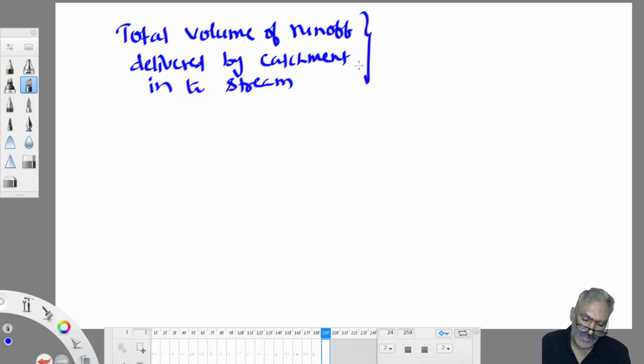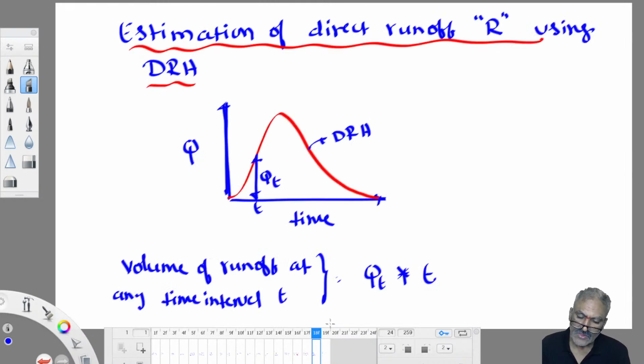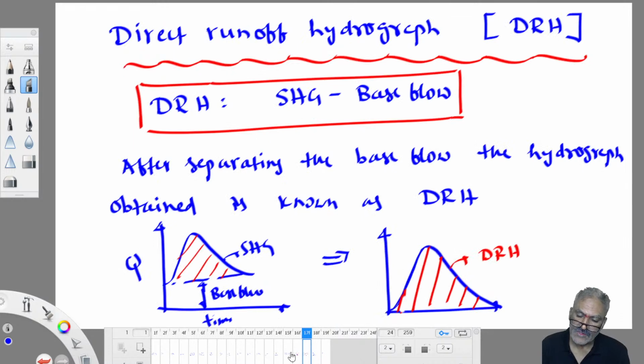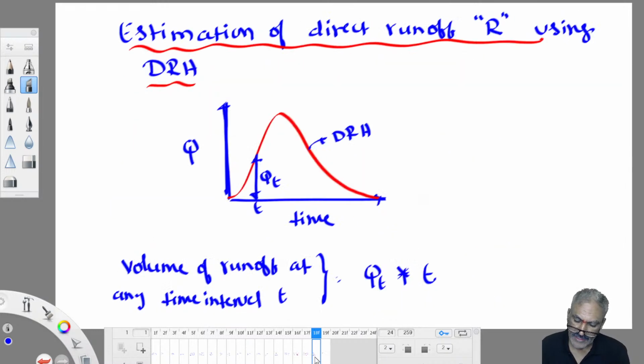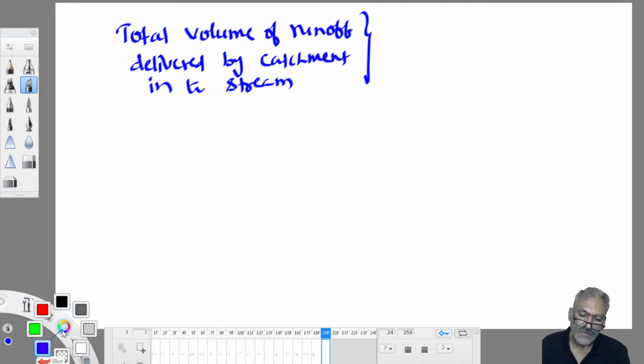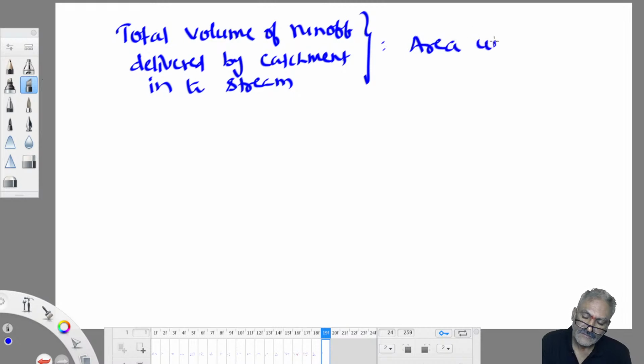Base flow being so small, most of the time it is neglected compared to direct runoff. So the volume of direct runoff is the area under the direct runoff hydrograph. We measure the total area under the direct runoff hydrograph, then we get the total volume of runoff.